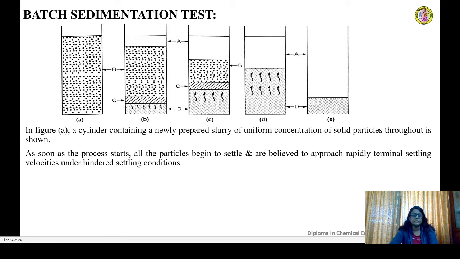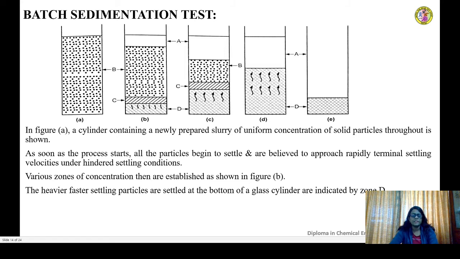When the settling process starts, all the particles start to settle and approach the terminal settling velocity under hindered settling conditions. Since the concentration is large in this situation, we expect the settling to occur under hindered settling conditions. So various zones of concentration will be set up as shown in figure B, as I already explained in the previous slide. The heavier, faster settling particles settle in zone D at the bottom of the glass cylinder.